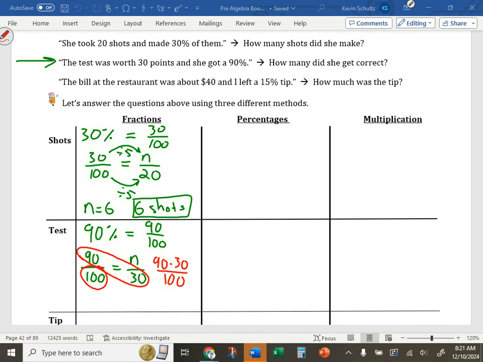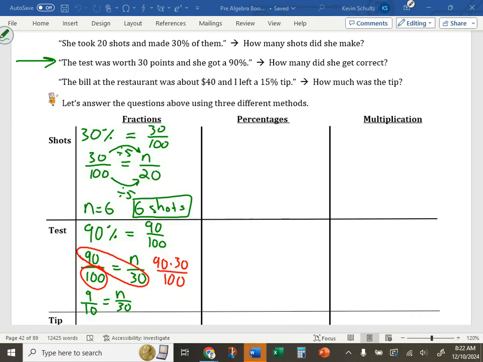Another option is to take this 90 over 100. What does 90 over 100 reduce to be? 9/10. Okay? And if we rewrite this proportion to be 9 over 10 equals n over 30, can we now use scale factor?